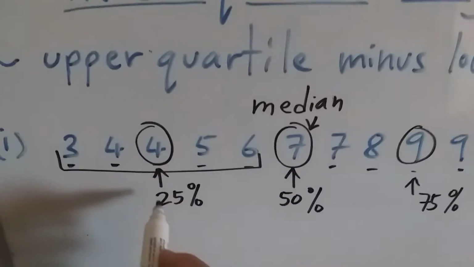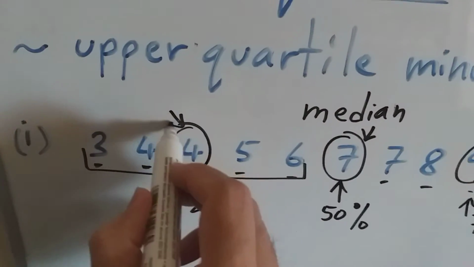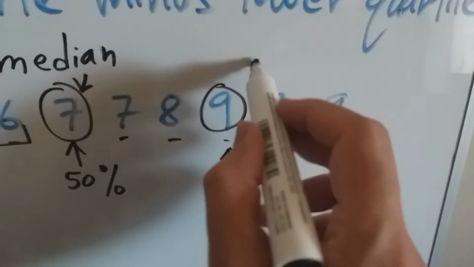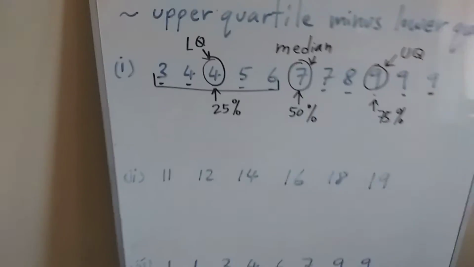So the 25th percentile, that is your lower quartile. That's your LQ, lower quartile. And the 75th percentile, that is your upper quartile, UQ.